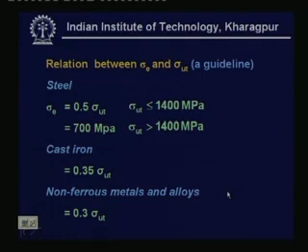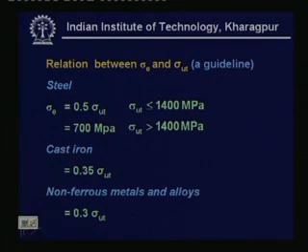Now, once we have seen such a situation, what has been seen is that a relationship between sigma endurance and sigma ultimate, that means the endurance strength of the material and the ultimate strength of the material, can be related by the expression as you can see over here.